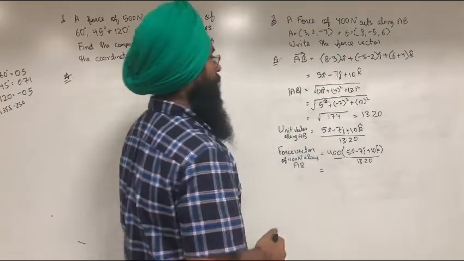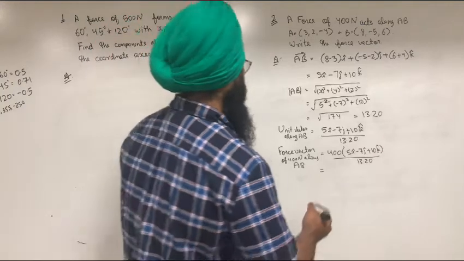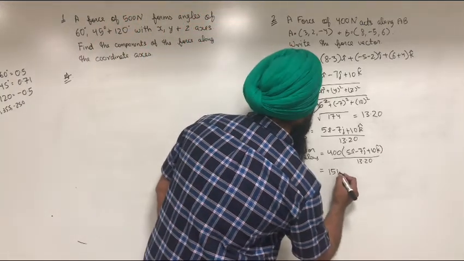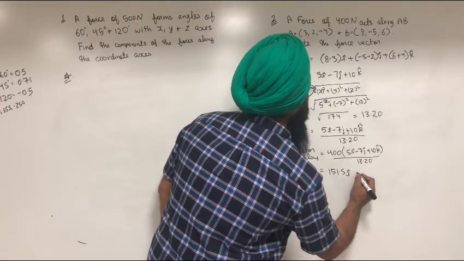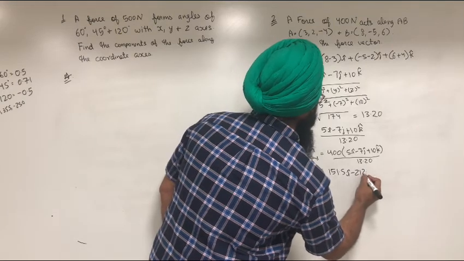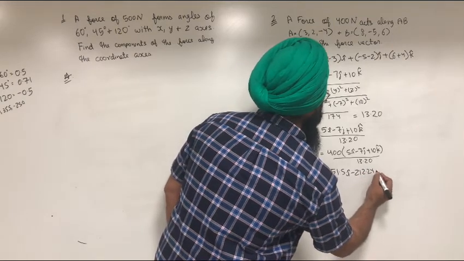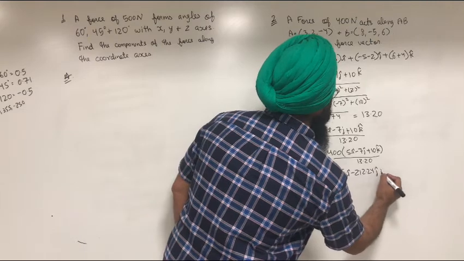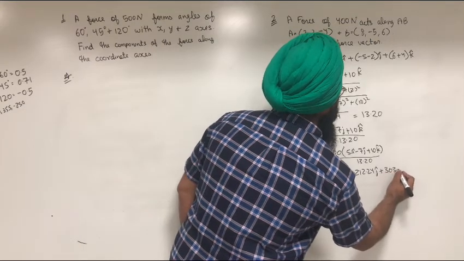So this calculation will give 151.5i minus 212.24j plus 303.2k cap.